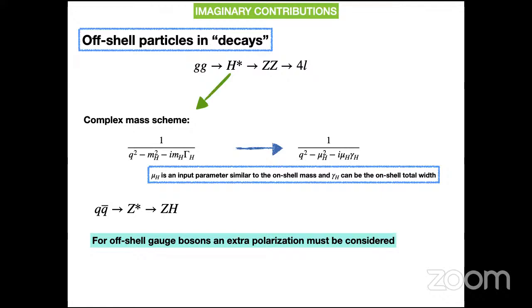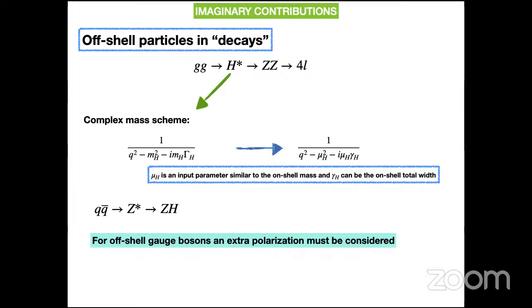For example, we need to use the complex mass scheme. We must change the Breit-Wigner distribution for this kind of distribution, where this mu_h is an input parameter, which is similar to the on-shell mass, and this gamma_h is also a parameter, but it can be similar to the total width of the Higgs boson, right?